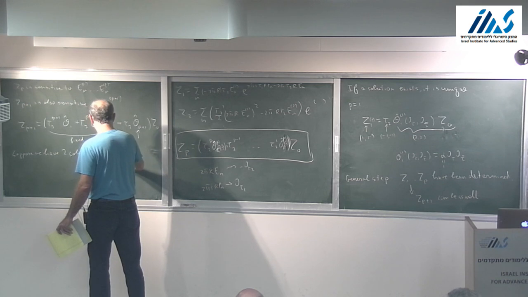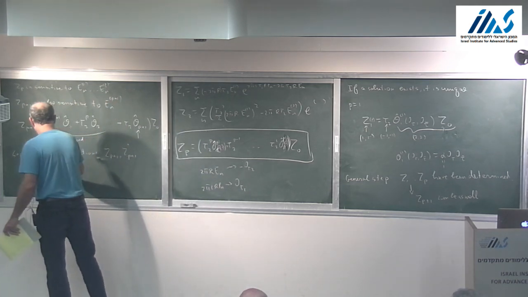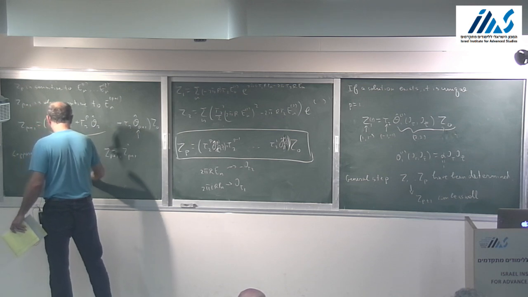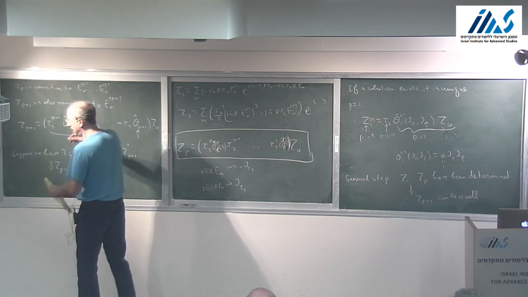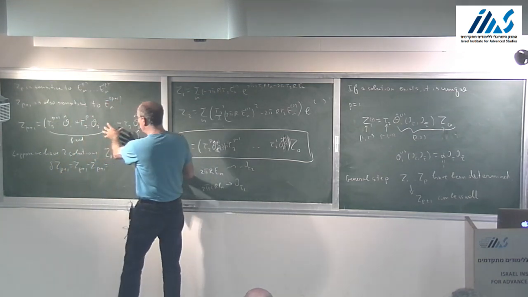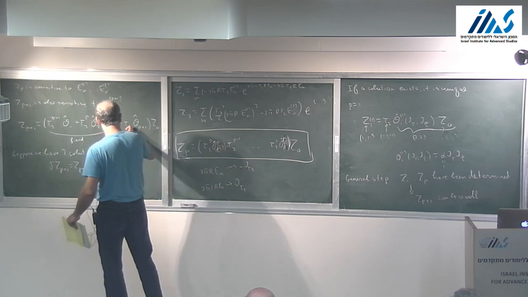So we have some ZP plus 1 and ZP plus 1 prime. So delta ZP plus 1, which is the difference between them, basically has the property that all the first terms are the same, and the only term that's different is the last one.